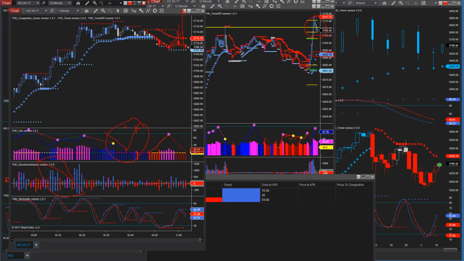There was your entry point right there. Why did I know to go down to a 1 minute? Because that's the rules. Does everybody understand that?